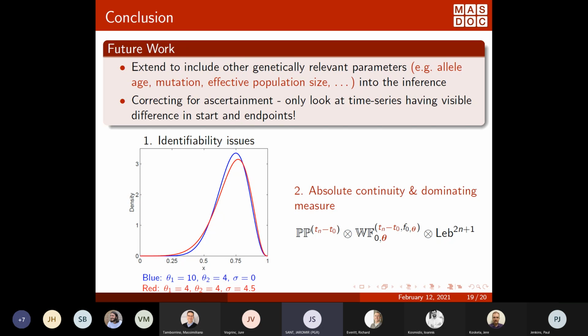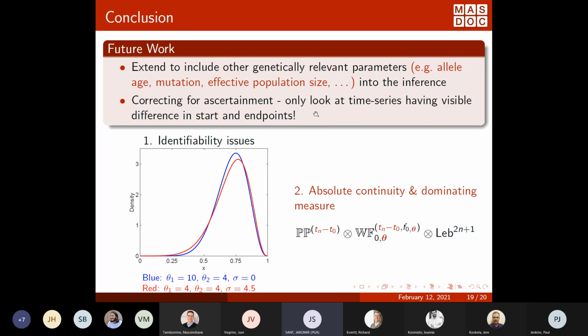The second consideration, which is a bit more theoretical in nature, is the fact that we need to make sure that our dominating measure is not going to depend on any of the parameters that we want to do inference on. So as I showed earlier on, we went through a number of calculations to make sure that this was independent of the endpoints x and y, but the dependence on theta is still there over here.